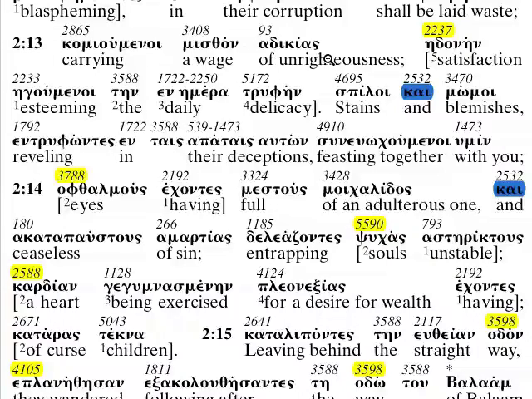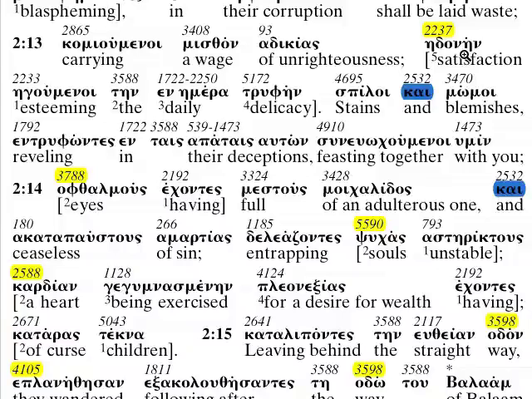Carrying a wage of unrighteousness. They have a wage, and they're making money on it of unrighteousness that's profitable. Esteeming the daily delicacy satisfaction. Idomnin, we have a hedonism, a doctrine of pleasure, more or less what these people have, a doctrine of pleasure.